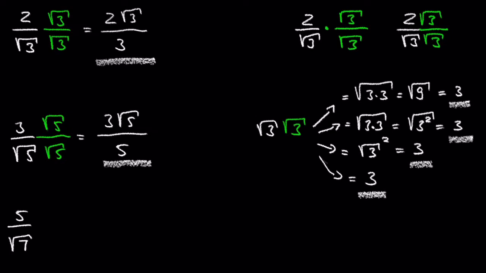Again, multiplying the top and the bottom of the fraction by the square root of 7 gives us 5 times the square root of 7 and 7. And we are done with this problem.